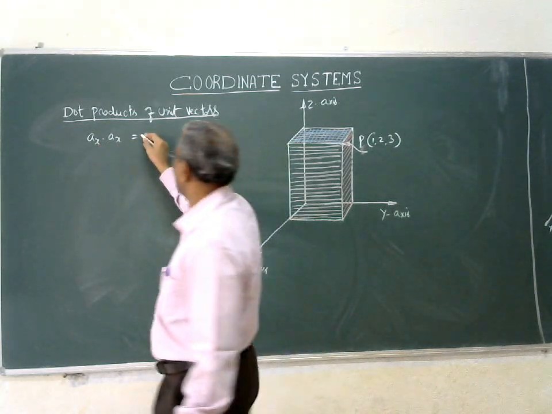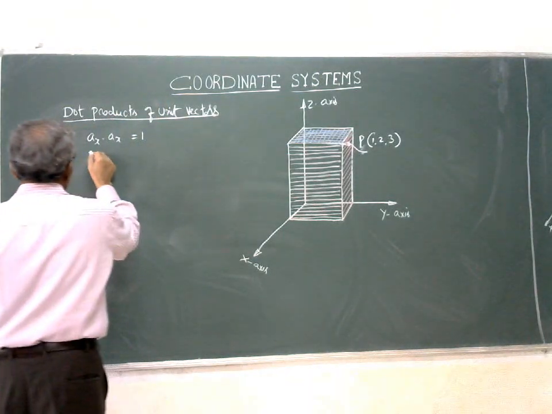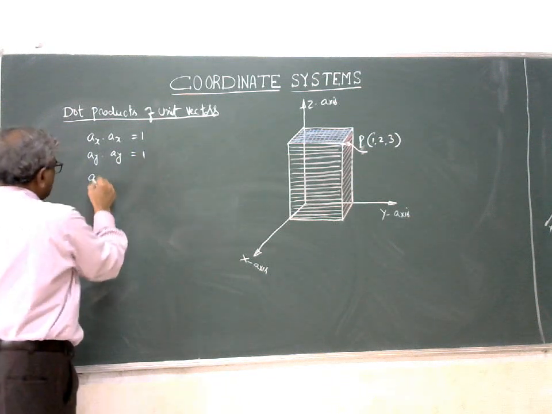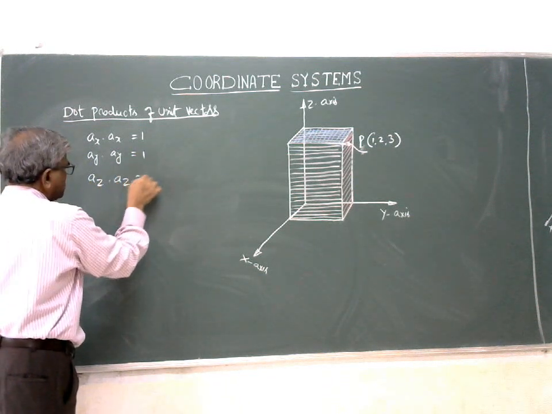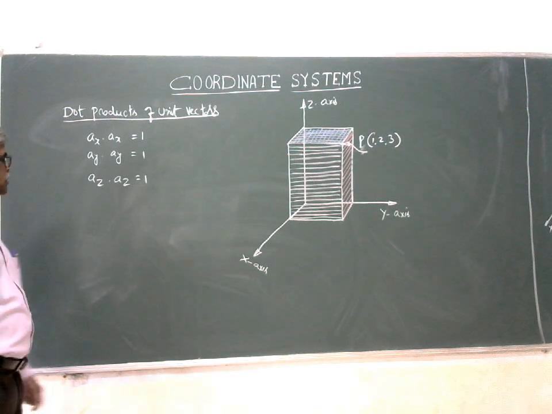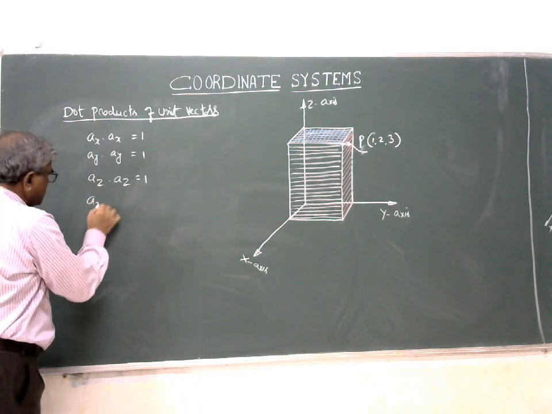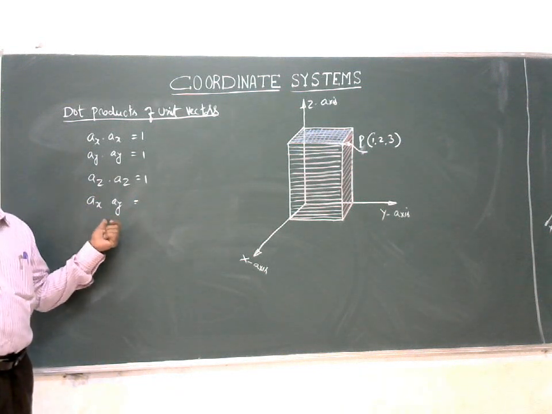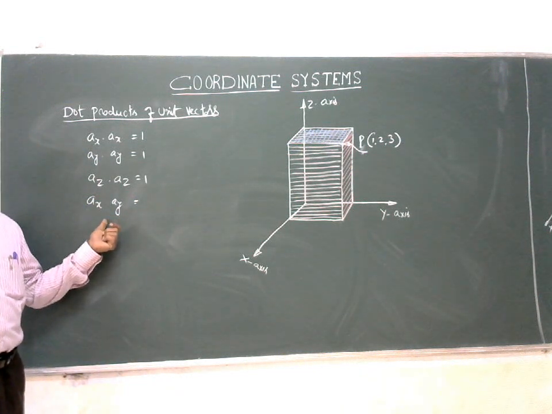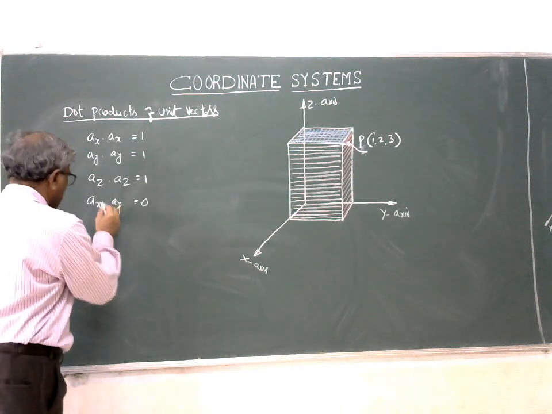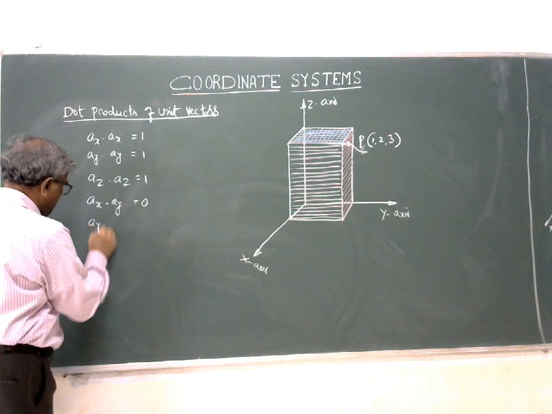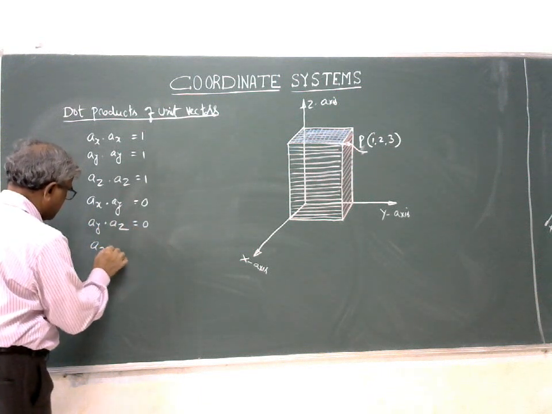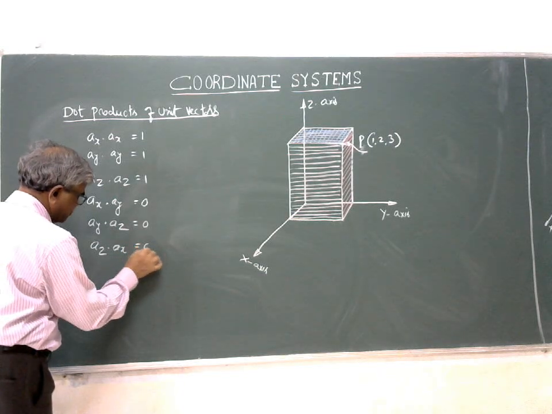Cos 0 is 1. Ay dot Ay is equal to 1. Az dot Az is equal to 1. Next, Ax dot Ay: the angle between two adjacent axes is 90 degrees. Cos 90 is 0. Ay dot Az is equal to 0. Az dot Ax is equal to 0.